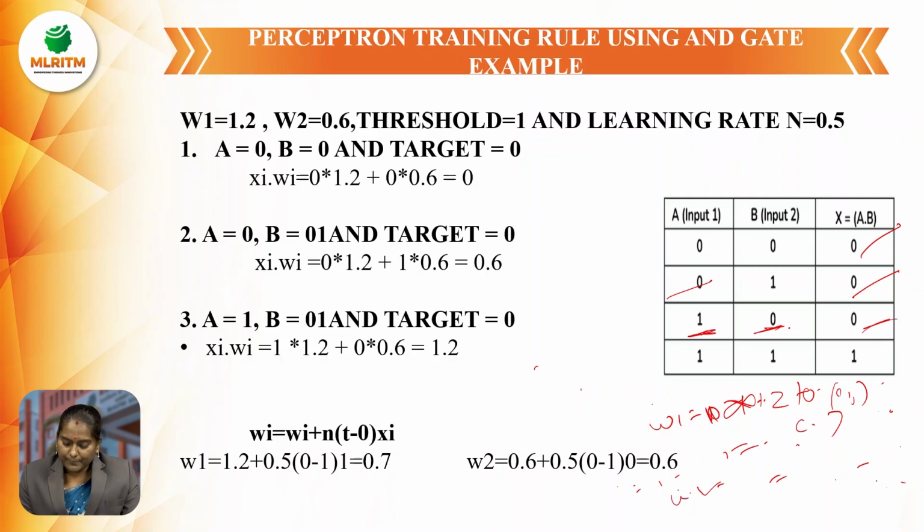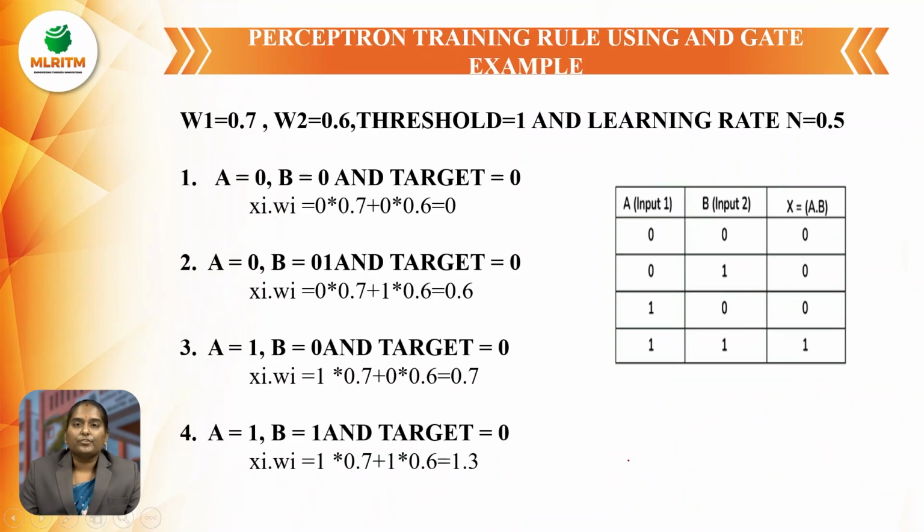Next W2: 0.6 plus 0.5 into (0 minus 1) into 0, so 0.6. So finally we get W1 as 0.7 and W2 as 0.6. The modified weights are 0.7 and 0.6, the threshold value equal to 1, and the learning rate n equal to 0.5. Again we have to start calculating whether the actual output equals the target output.